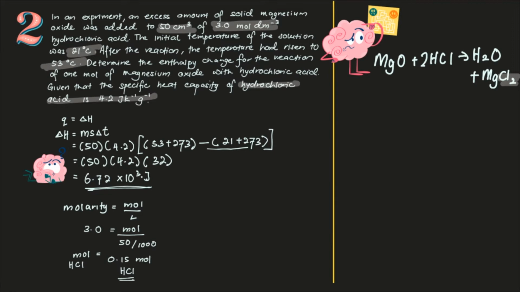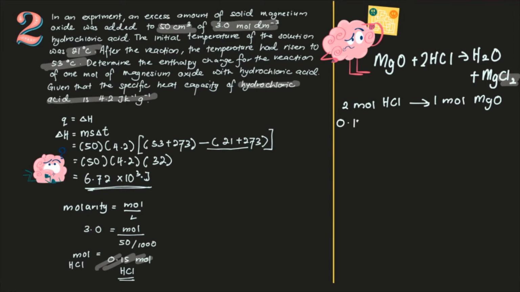So from here you can see that 2 mole of hydrochloric acid will need to react with 1 mole of magnesium oxide in order to produce the product. But from our calculation, we only have 0.15 mole of hydrochloric acid.